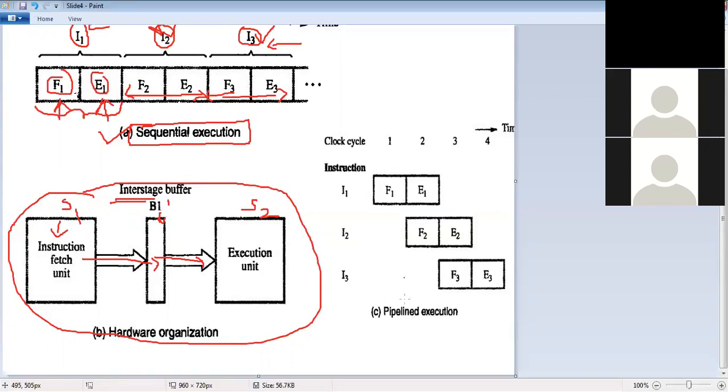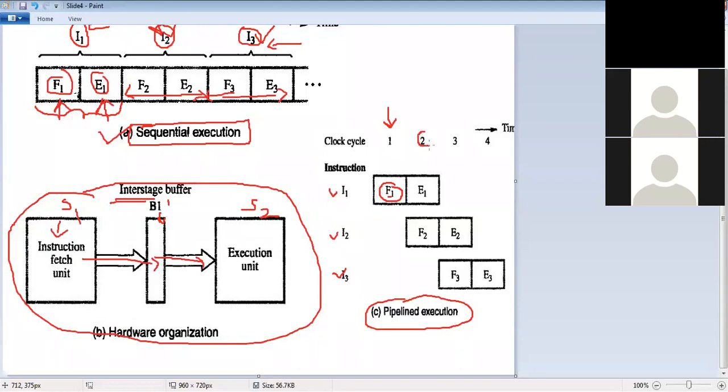So let us apply the pipelining concept here. Instruction 1, instruction 2, and instruction 3. Every instruction requires 2 phases, which means 2 units are there. The F1 stage is responsible for fetching the first instruction. This is the clock cycle. In the first clock cycle, F1 stands, the first instruction is fetched.